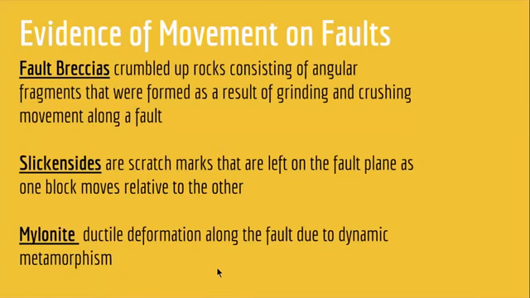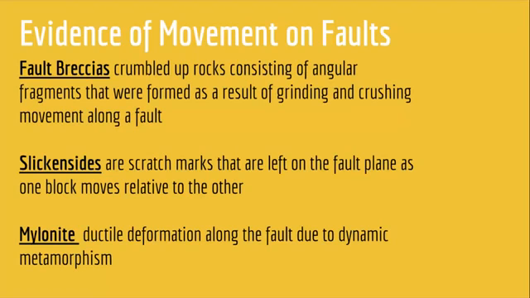We have talked about this in previous videos. In a region where a fault exists, when movement in this fault occurs, due to the high pressure creating high temperature, we have ductile deformation and we call it mylonite. Since we have ductile deformation, this is evidence of movement on the fault.